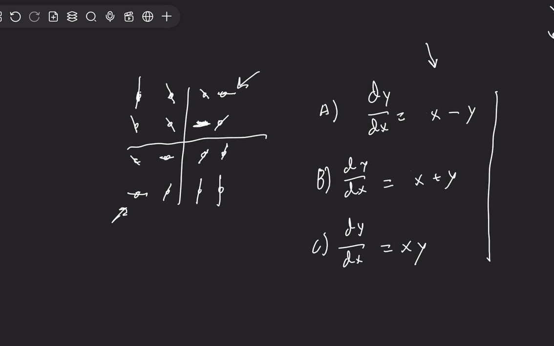It would only be 0 at 0. So that crosses that out. And then x plus y, when they are equal, it would also not be 0. The only time it would be 0 is when y would be negative. So that cancels that out and you're only left with A.